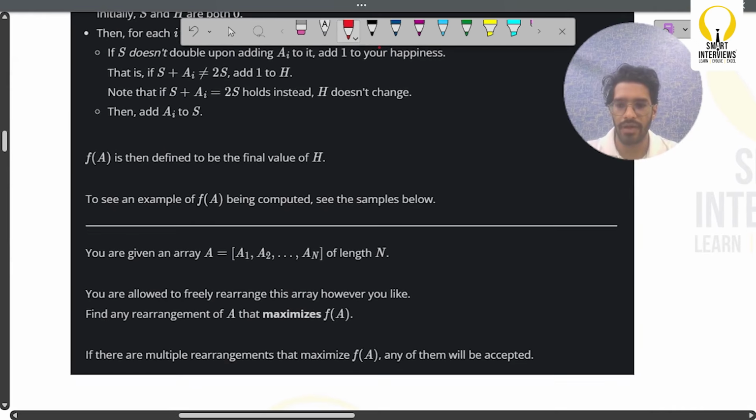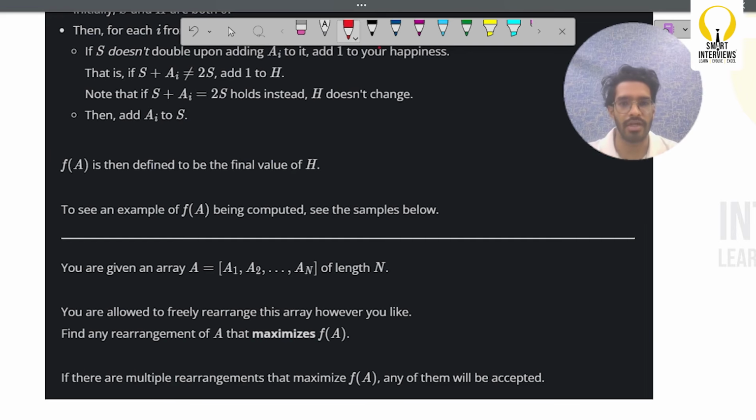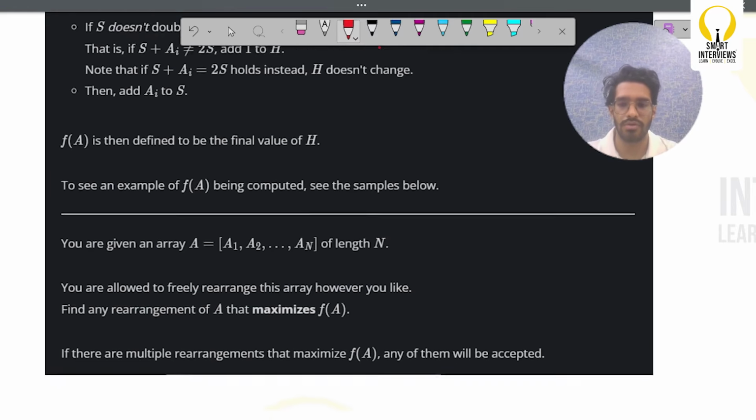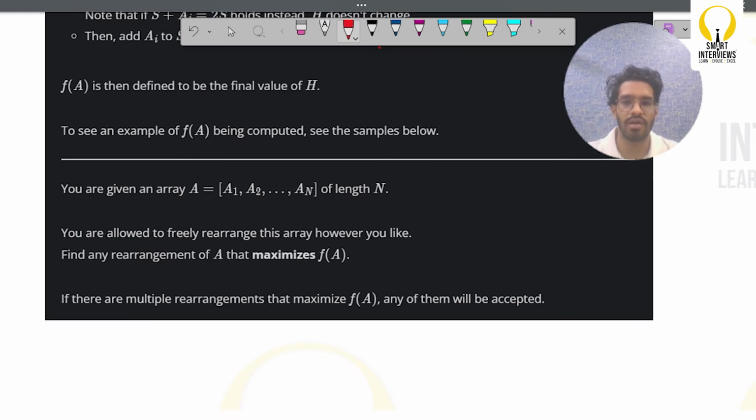So f of a is then defined to be the final value of H. Basically, whatever f of a you get is the final H value. According to the problem statement, you have to maximize this f of a value. In a sense, you have to maximize the H value, which is basically the happiness value.